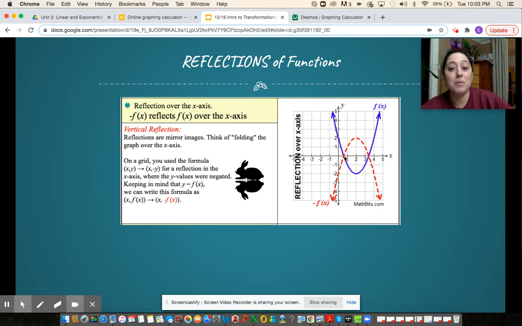The blue one is a U shape, and it's just like if you were to fold it over the x-axis, you would get a stamped imprint of it looking the opposite way. So we've just rolled it over the x-axis. The way you do that is you put a negative sign in front of it.